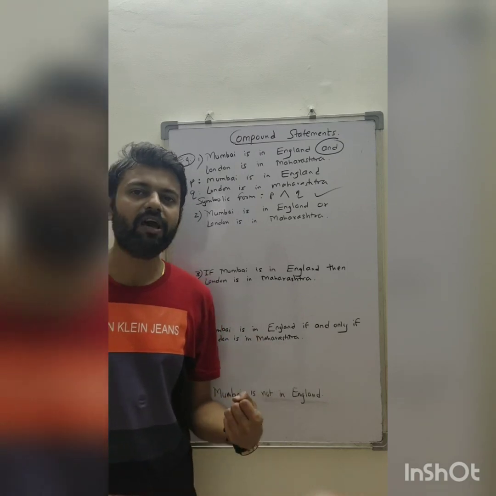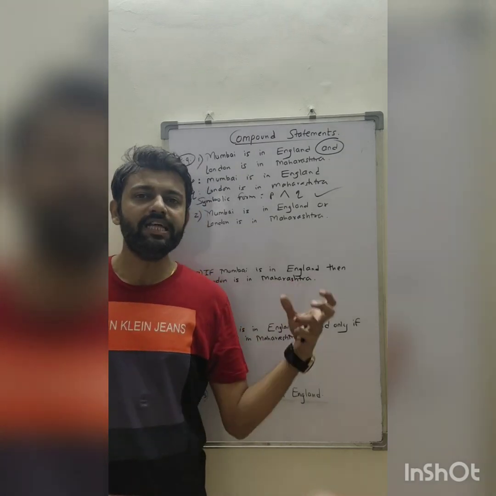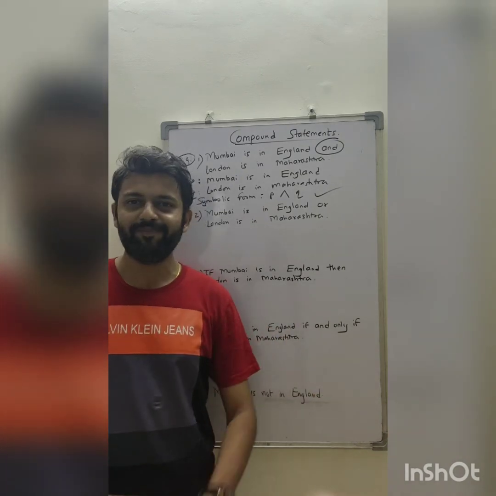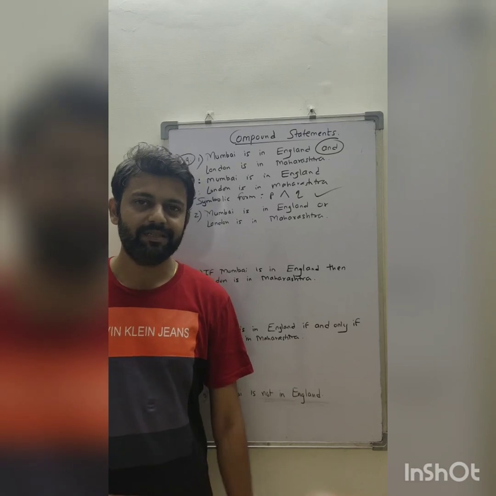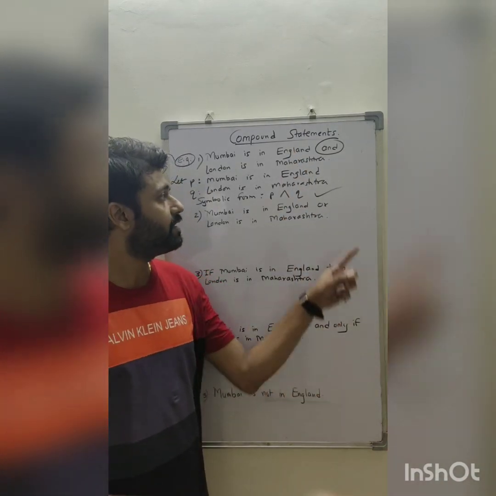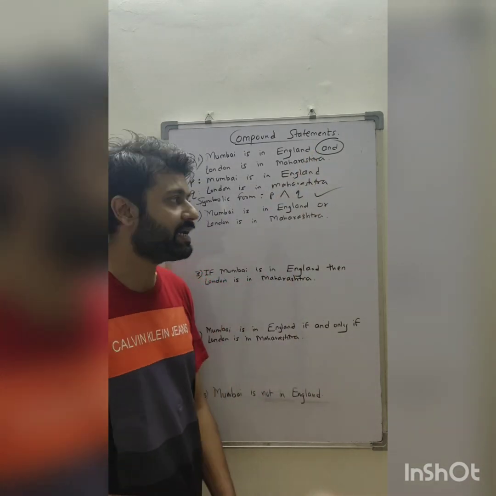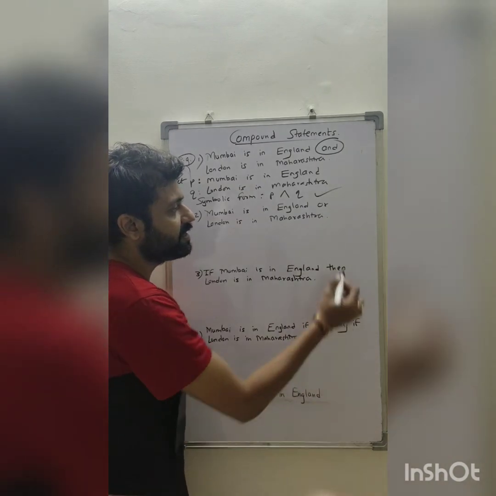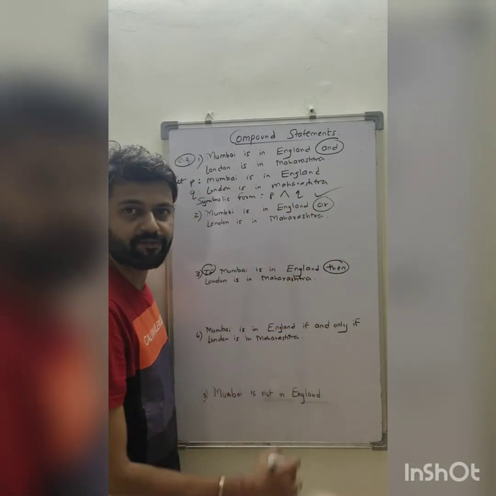So basically today we are going to write all the compound statements in symbolic form. To make our work easy, I have chosen the same type of statements with different connectives. They are called connectives. Here and is the connective, here or is the connective. Here if then is the connective.